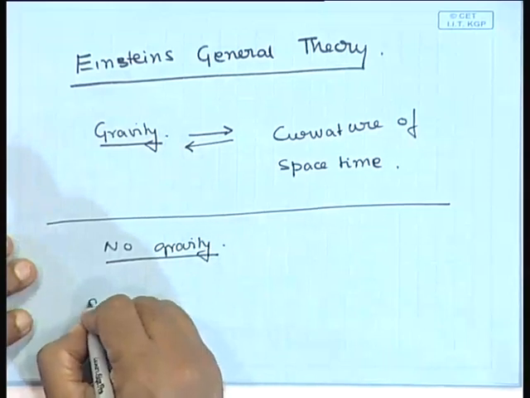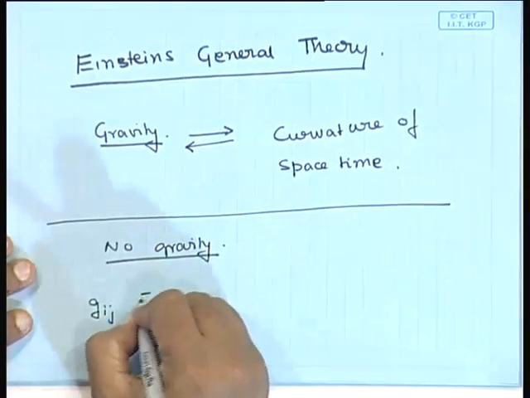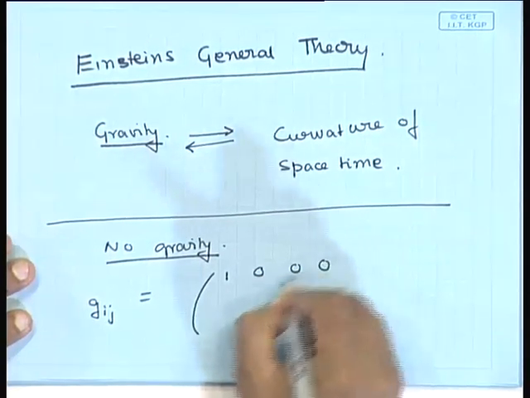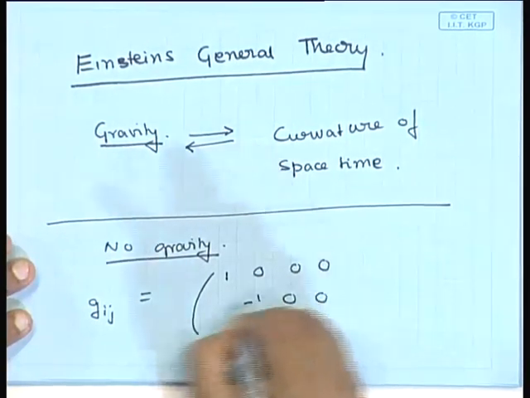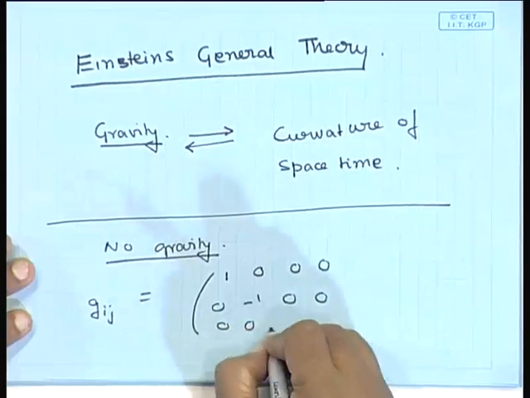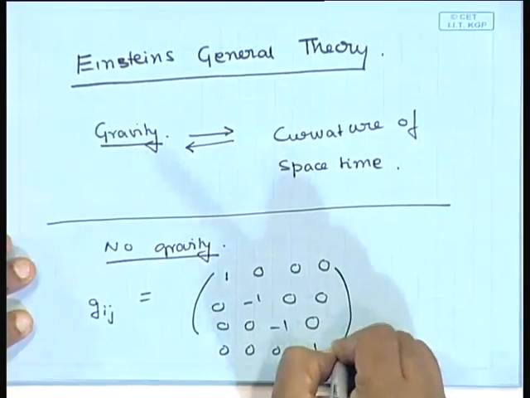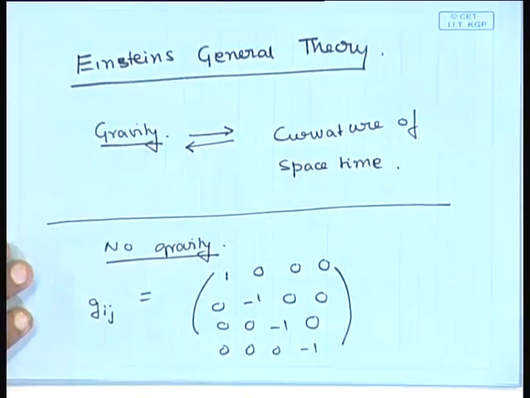So in the absence of gravity, the metric Gij has components 1, 0, 0, 0, then minus 1, 0, 0, 0, 0, 0, minus 1, 0, 0, 0, 0, minus 1. That's the metric, and I have already written down the line element.